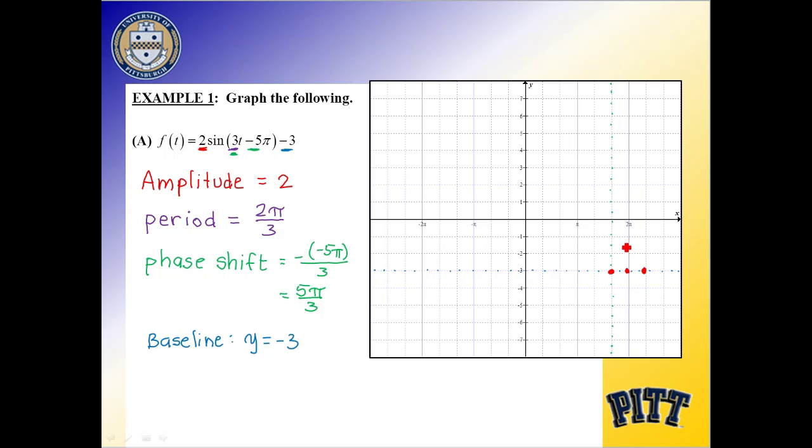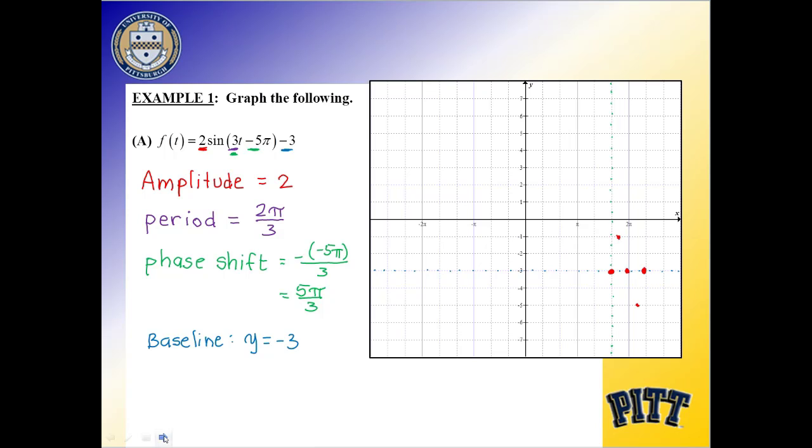So somewhere along this area here is going to be its highest point, and I know it's going to be 2 units up, so it's going to probably be around here. And exactly halfway between the second time it meets the baseline and the last time it meets the baseline for that first cycle, it is going to reach its lowest point, or in this case be 2 units down from the baseline. So that's how I get these 2 points.